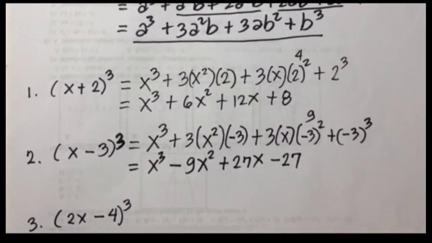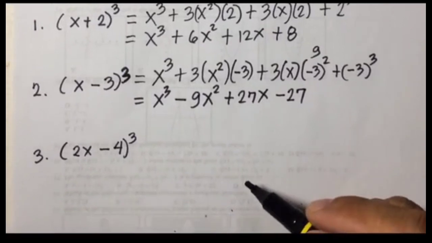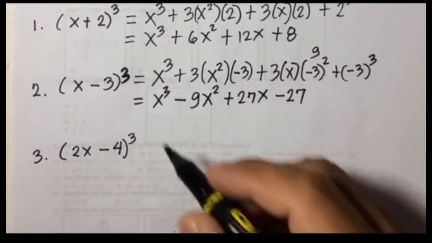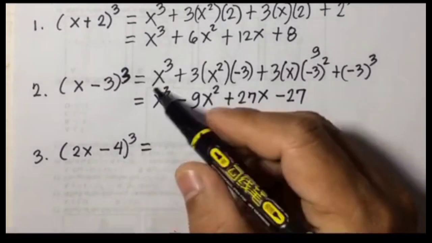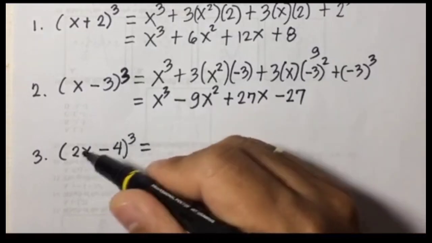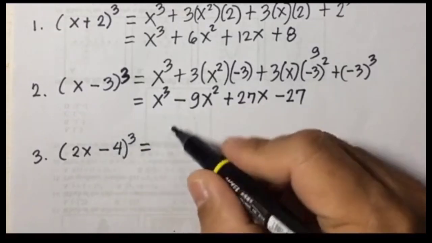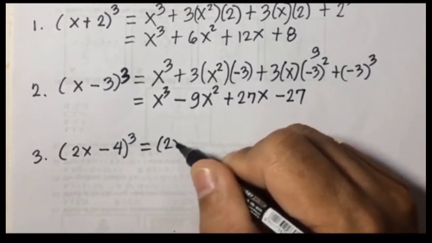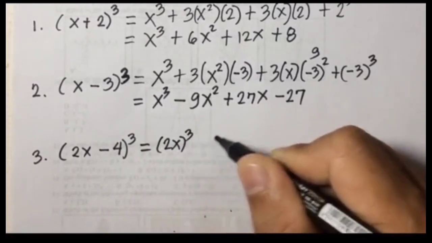Then the last one, number 3. The quantity of 2x minus 4 cubed. So we're going to have the first term of our answer as the cube of the first term of the binomial, so we're going to have 2x cubed.